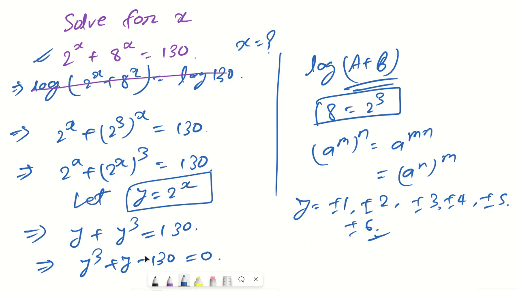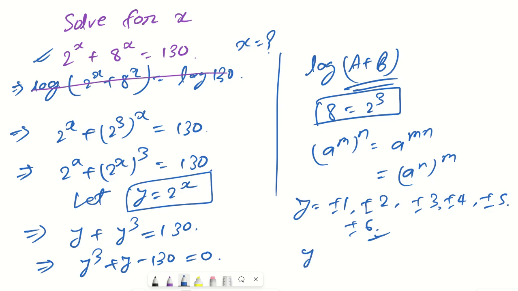As you can see, we have 130 in negative, so the positive term must be 130, right? So you can see 1, 2, 3, all these will not be able to give you a cube of around 130, right? So only 5 is there, which is going to give you 125.